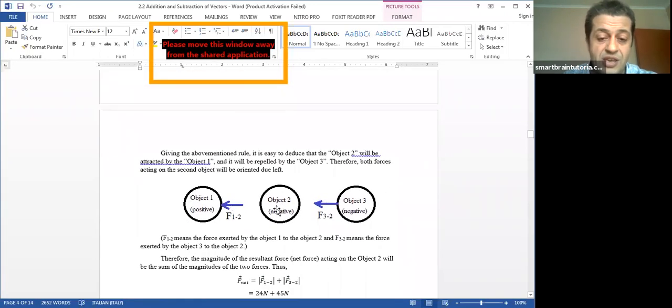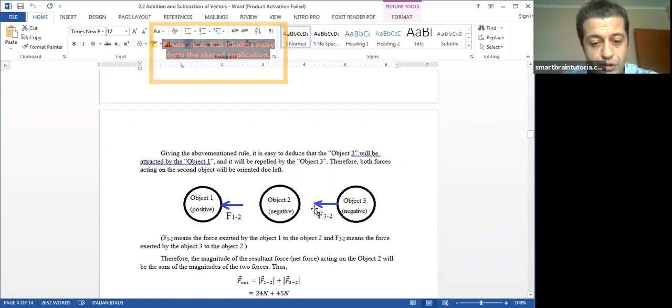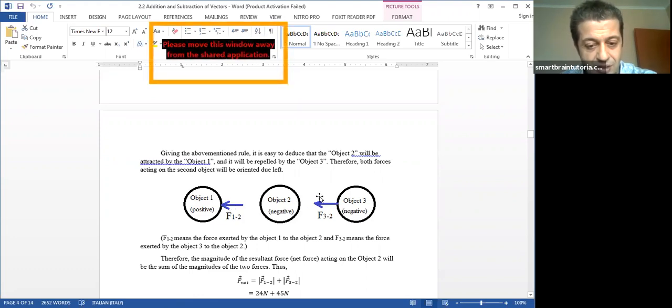We are seeing here that we have two vectors in the same direction. So both act on object 2 due left. It is as if we push them from this side, but in fact we are going to attract, to pull it from here. It is the same as if I bring it here and there are two pushing forces.